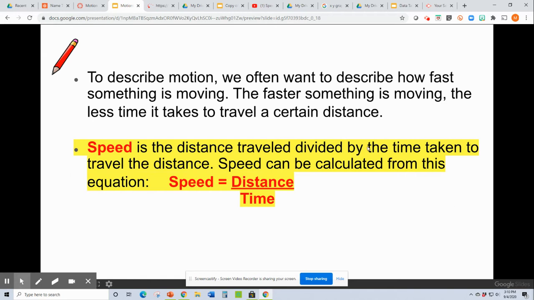So speed is miles. That's a distance. We say per, P-E-R, when we are putting our little dividing line here. It's a ratio, per hour. So miles per hour. An hour is time. So you're already using speed all the time in your everyday life. You probably just don't think very much about it.